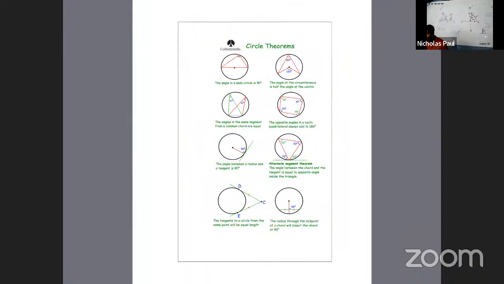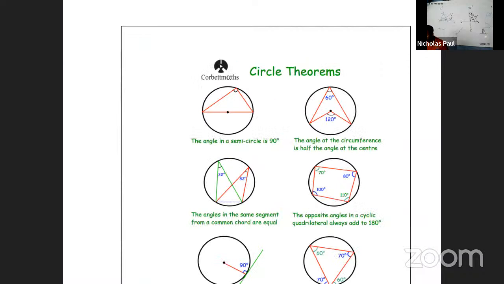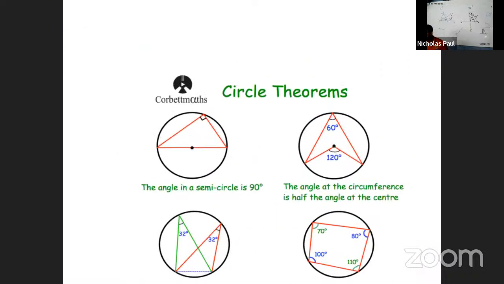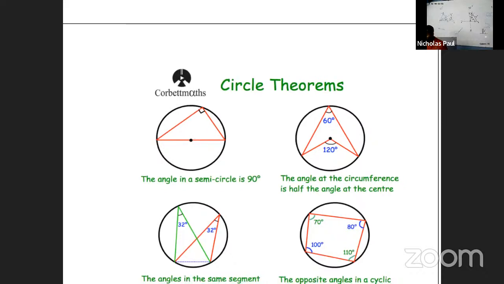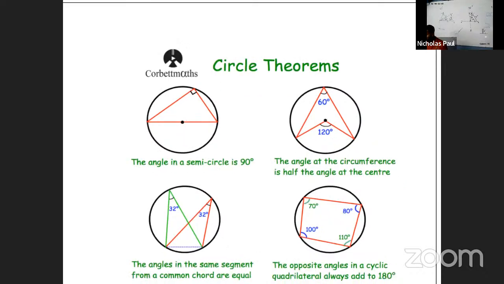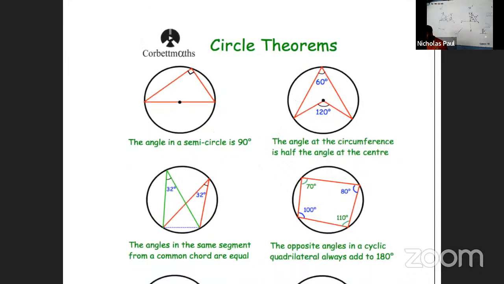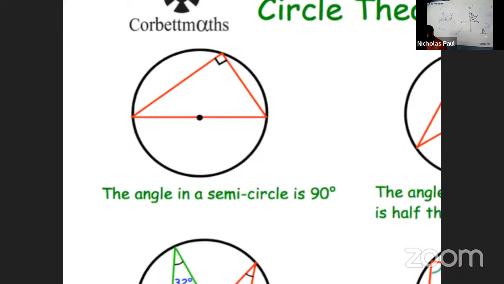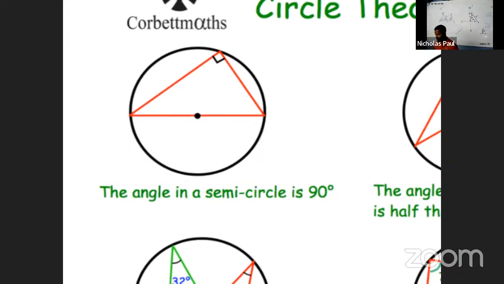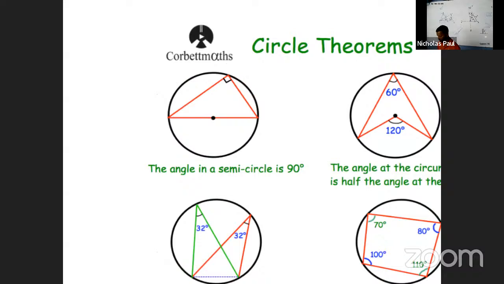I want you to learn all these circle theorems for homework. You have to be able to draw them, and you have to be able to write the reason underneath. Whenever you see a semicircle, a circle with a triangle inside it, the angle at the circumference is 90. I want you to learn all the rules.